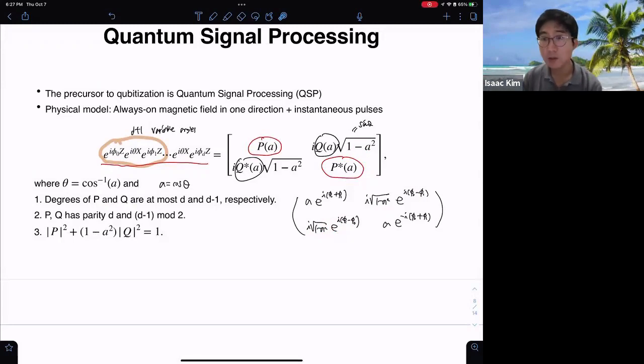Here d was equal to 1, so P has a degree of 1, linear in A, so that checks out. Q is just a constant, so it has a degree of 0. That also checks out. And for parity, this is an odd function, and this is an even function. So very, very easy.